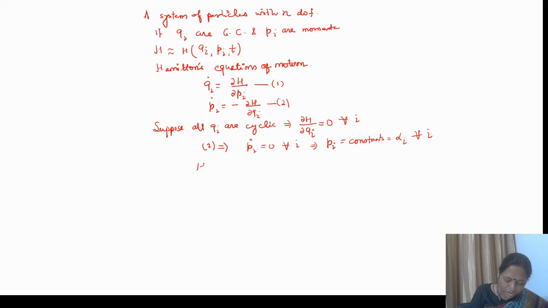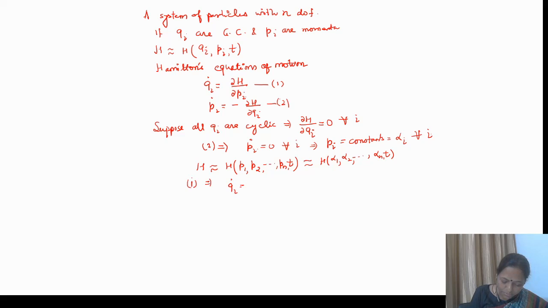When your momenta are constant, then H converts to a function of P1 up to Pn, because the coordinates are cyclic, and probably of t, and this is equivalent to alpha 1, alpha 2, alpha n and time, right? So if I consider equation 1, then what does 1 imply?